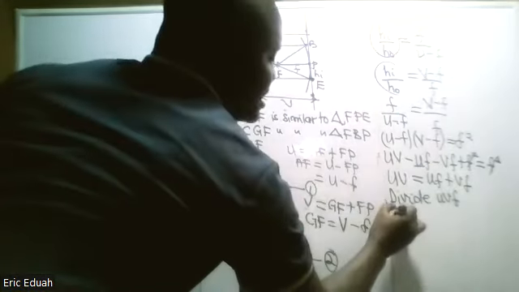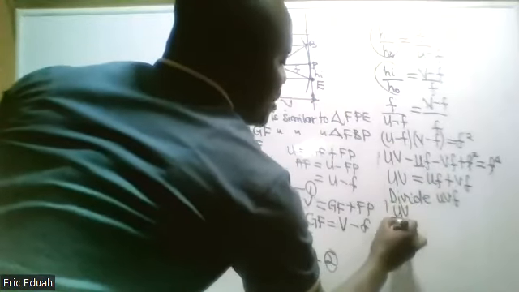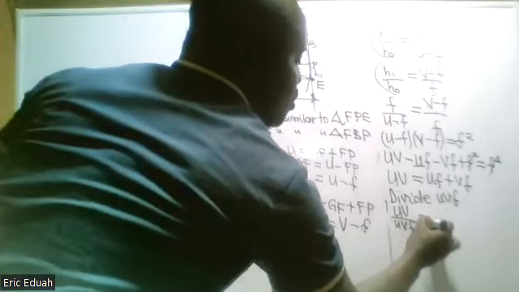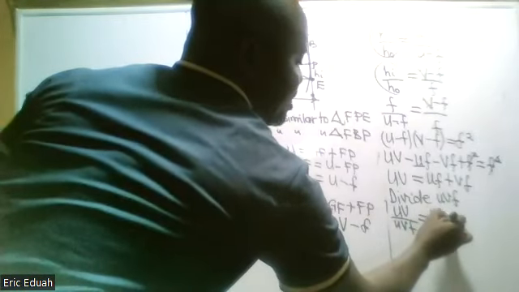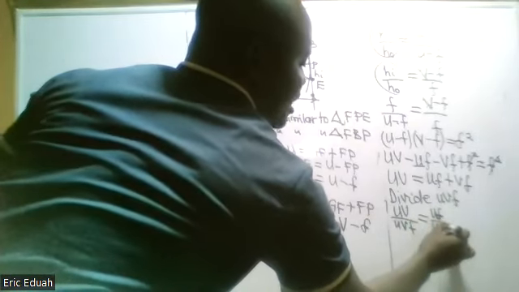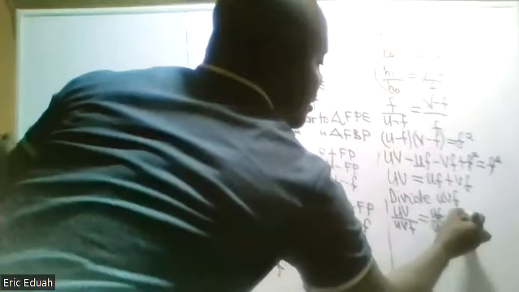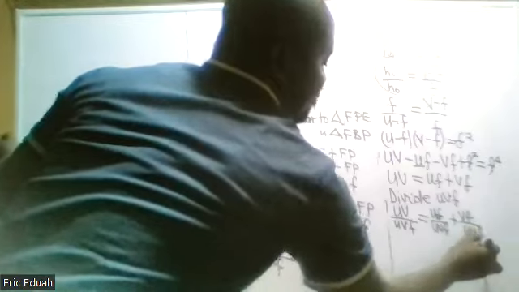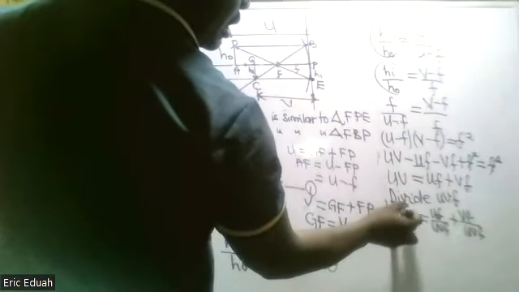So the left hand side UV divided by UVF will be equal to UF divided by UVF plus VF divided by UVF.